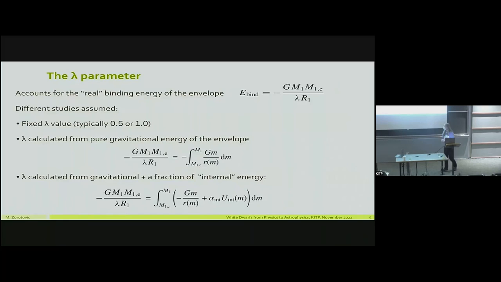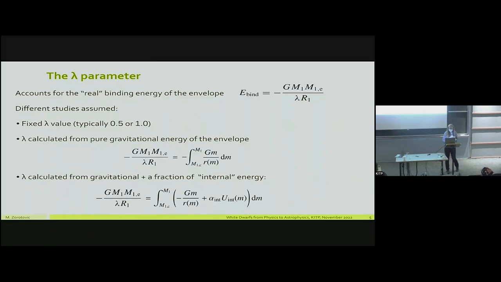The lambda parameter, I think, is as unconstrained as alpha, or even more, because in all studies they use a fixed value of this lambda parameter, either 0.5 or 1. In other studies, they calculated this parameter, assuming that it only comes from the gravitational energy of the envelope.